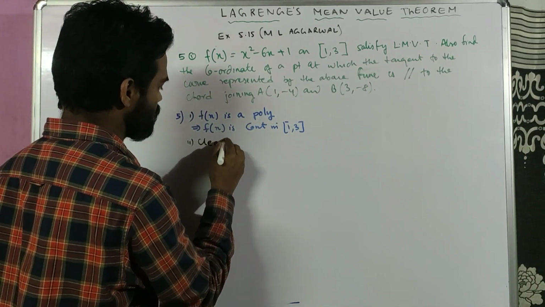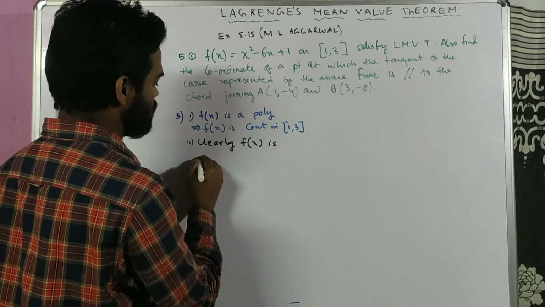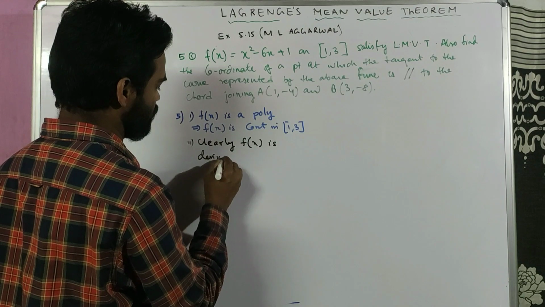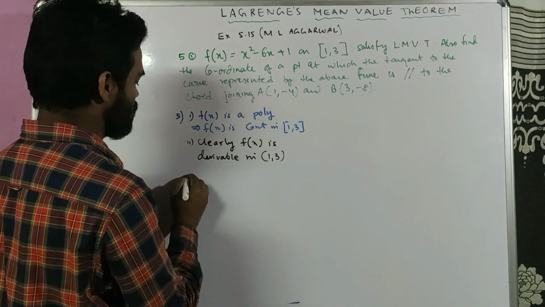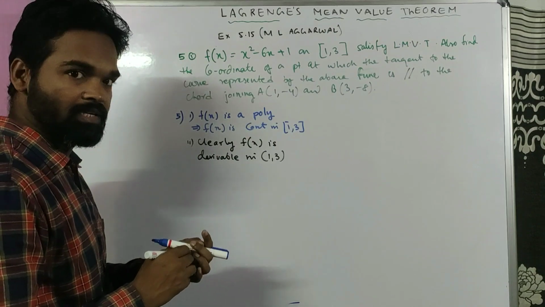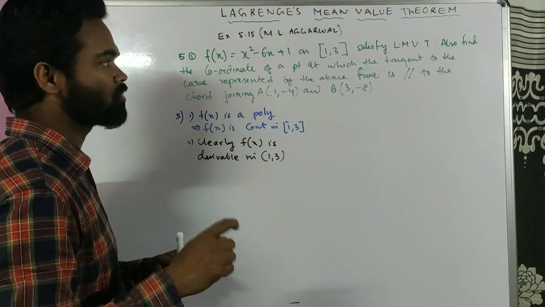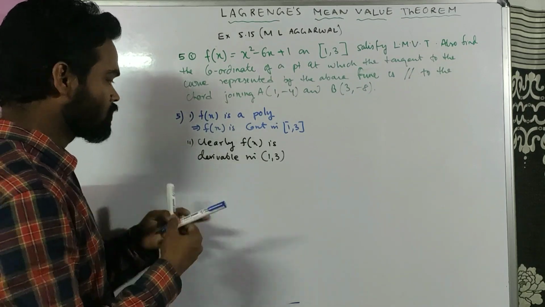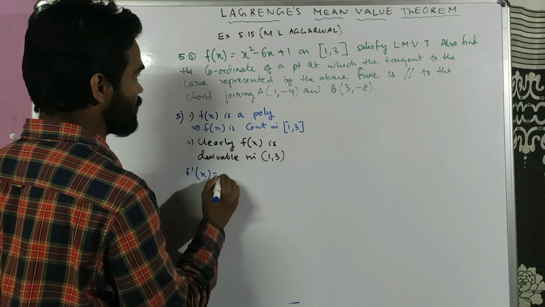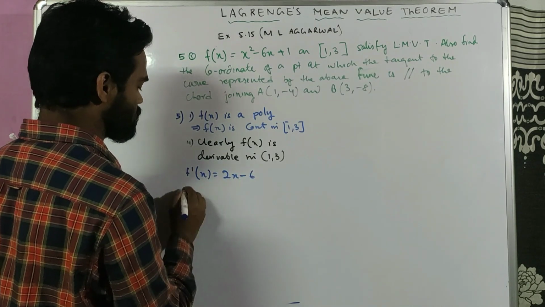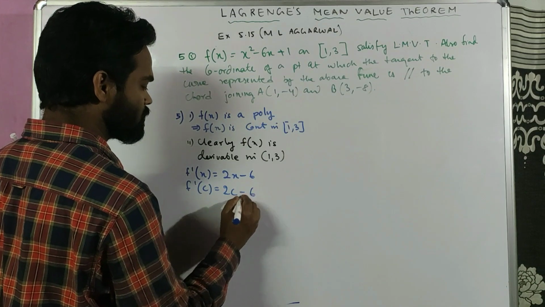Clearly f(x) is derivable in open interval (1, 3). Then there exists a point C, a real number C, such that f dash C equals f(b) minus f(a) by b minus a. So we'll find, first solve f dash x. f dash x will be 2x minus 6, which means f dash C will be 2c minus 6.